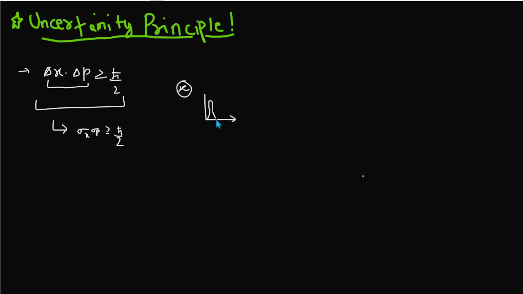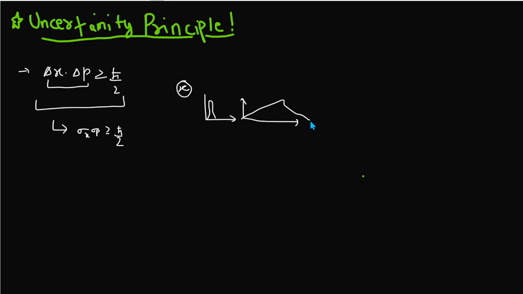It means you precisely know what the value of x is going to be. But if the spread of x is very low, then the spread in the values of momentum will be great. What do I mean by spread? Spread means the values vary greatly from each other. It means you cannot determine a particular value. And that is the meaning of the variance.